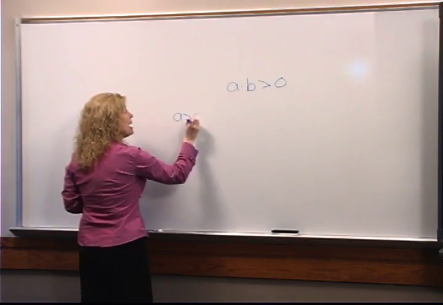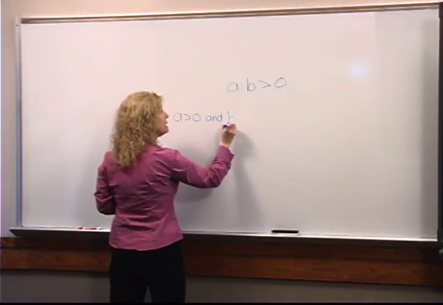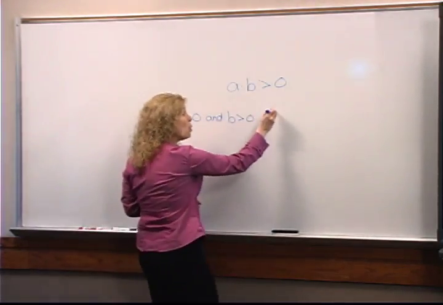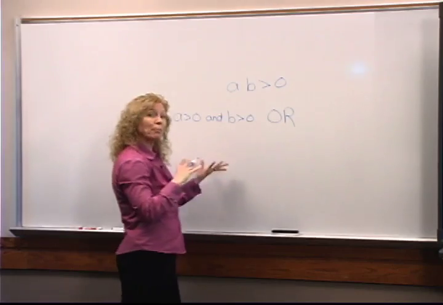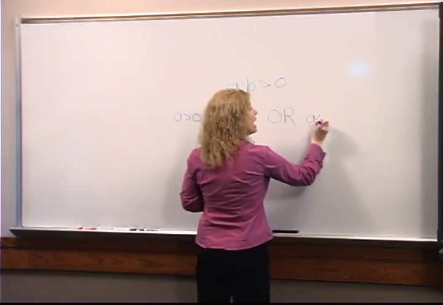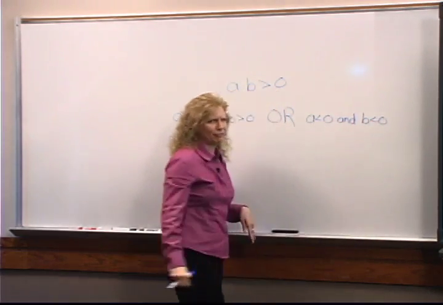If A is positive and simultaneously B is positive, then their product is positive. Or, and I am using proper logical connectives here, they're both negative. A is negative and simultaneously B is negative.